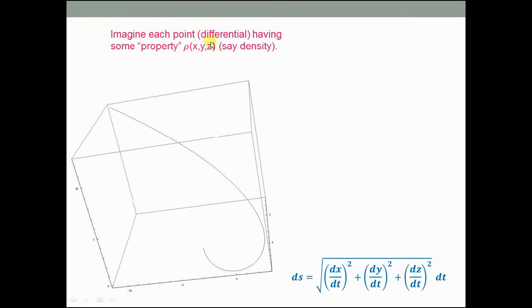So to imagine the line integral, you have to imagine that each differential, each point, possesses some property P, and that each value of P depends on the coordinates of the point. So maybe if you're thinking of P as density, then at this point, it will be denser than, say, this point. Or this point will be at about the same density as this point.